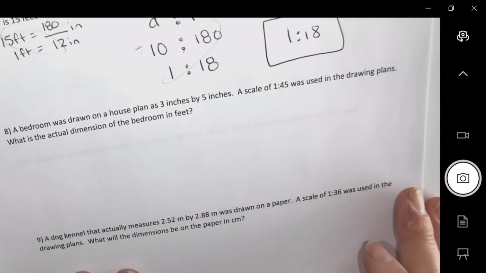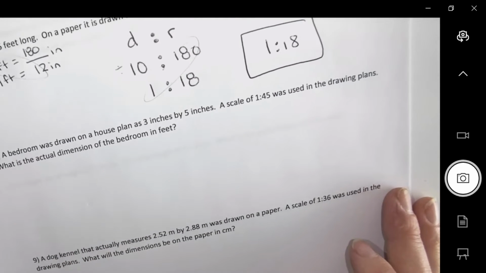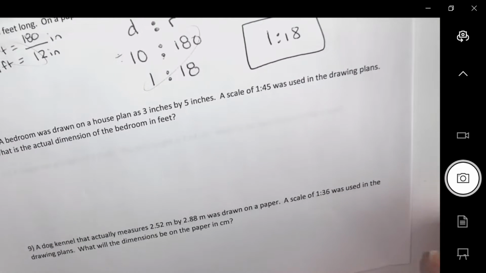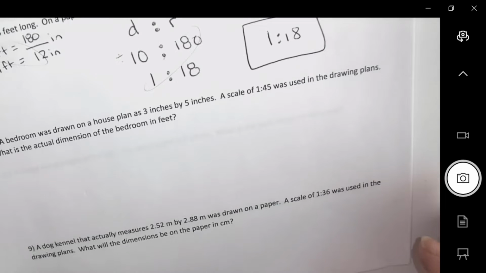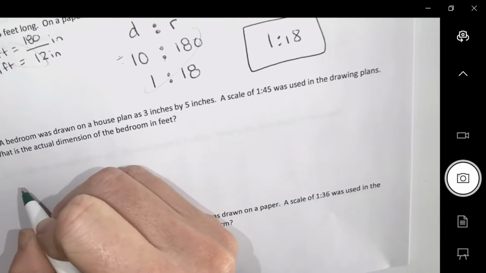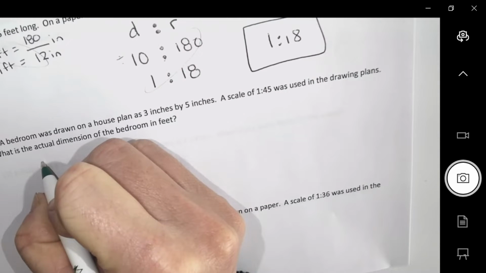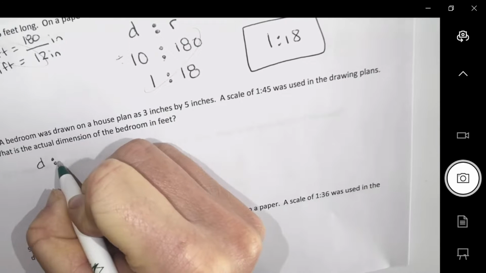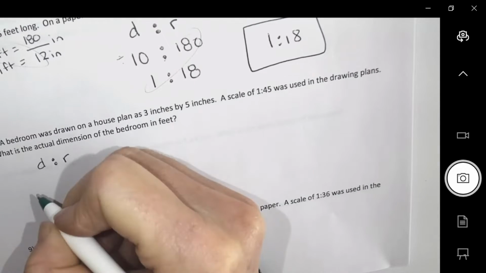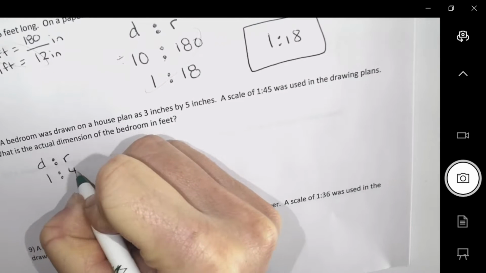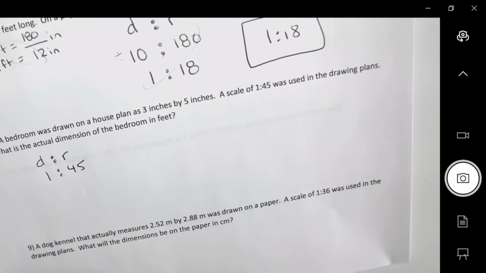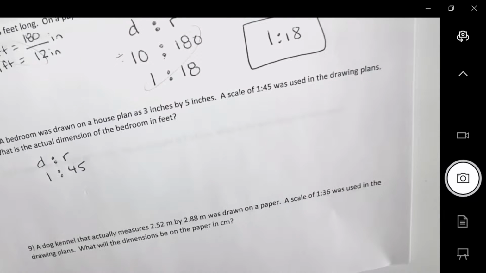A bedroom was drawn on a house plan, 3 inches by 5 inches. A scale of 1 to 45 was used. So what are the actual dimensions of the bedroom in feet? So every 1 on the diagram is actually 45 times larger in real life.